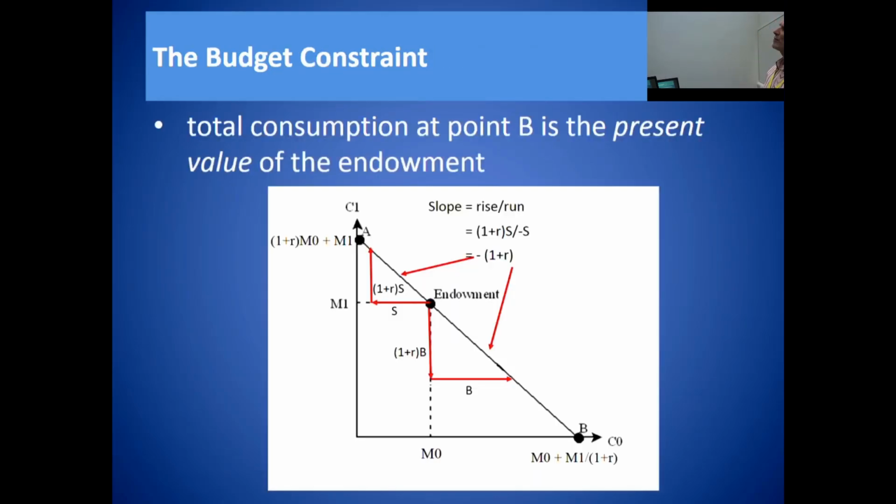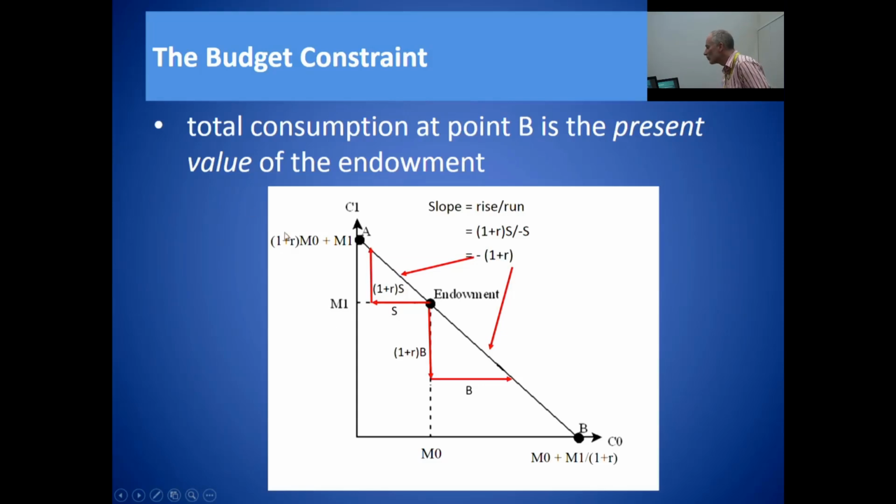However, there are three components of that intertemporal budget constraint that are influenced by the rate of interest. We've got the present value of the endowment here, which is influenced by 1 plus R, the rate of interest. We've got the future value of the endowment, which is also influenced by the rate of interest.